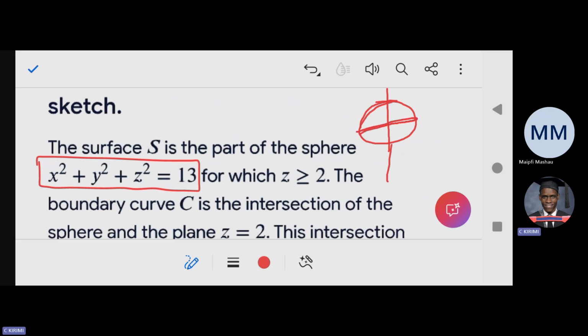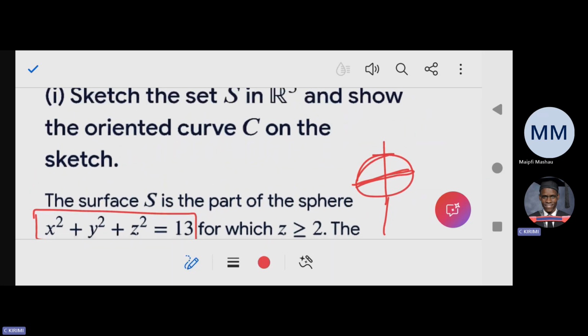Suppose this is z equals 2, then you take only z equals 2 going upwards. So we are not taking anything less. If this is the z axis, I'm starting at z equals 2 going upwards.